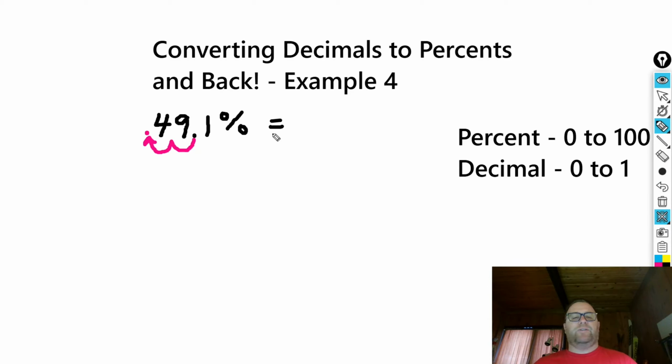So our decimal is going to be 0.491. So we move the decimal point 2 places to the left to go from a percent to a decimal. Hopefully that makes sense. Let's take a look at a few more examples to solidify our learning.